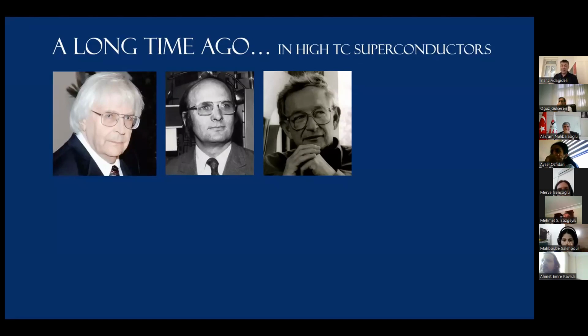Now, at the time, you had these so-called high-Tc superconductors, which actually had nodal quasi-particles. So the spectrum of a high-Tc superconductor would have quasi-particles that won't be gapped. And they said, okay, so we have nodal quasi-particles with linear dispersion. So then you would actually have Landau levels.